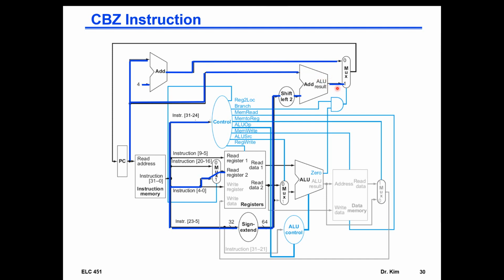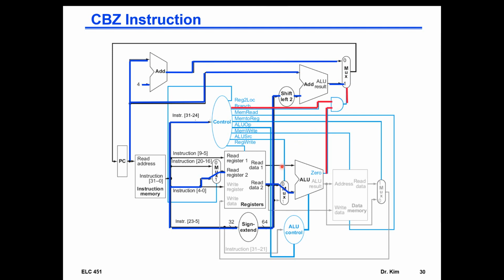We still don't know whether the branch is taken or not, so we have not decided which one we're going to be using. If the branch is not taken, we're using this, the very next instruction from the present one. If the branch is taken, of course, we're using the branch target address.